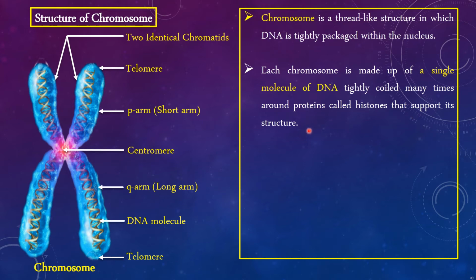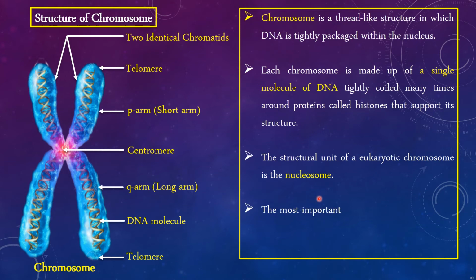So inside the chromosome you will get DNA and histone protein. The structural unit of a eukaryotic chromosome is the nucleosome. Now can you tell me what is a nucleosome? Just remember, in a nucleosome there are 8 histone proteins and 2 turns of DNA.